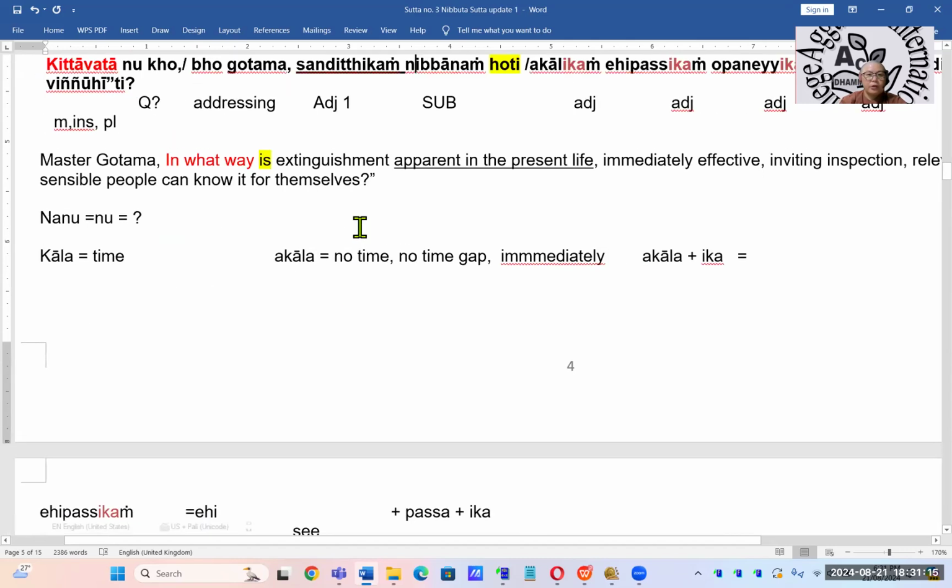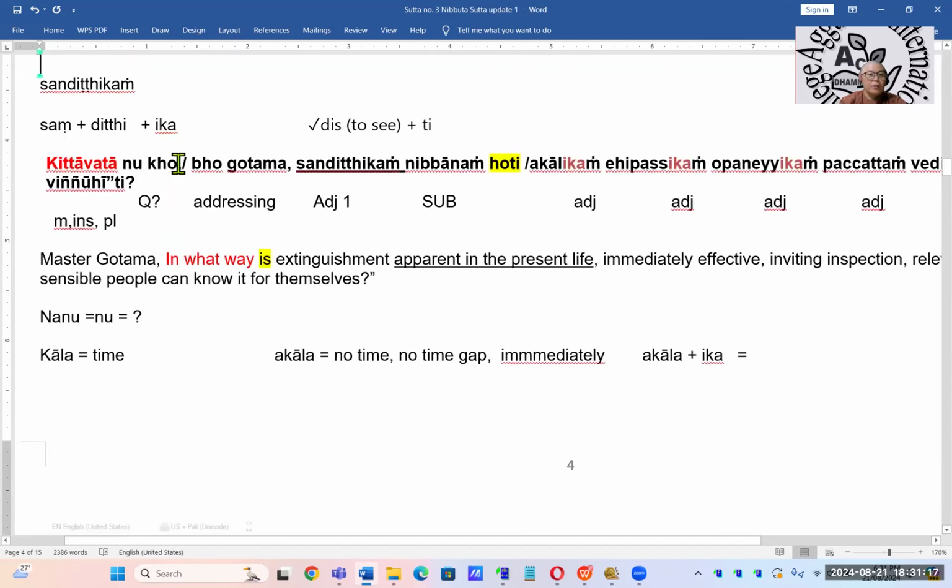All right, so we go up there. Kathaṃ nu kho, in what way, nu kho is a question marker. Bho Gotama, Master Gotama, sandiṭṭhikaṃ. This one is saṃ plus diṭṭhi. Diṭṭhi is to see, ika. So saṃ is to see.